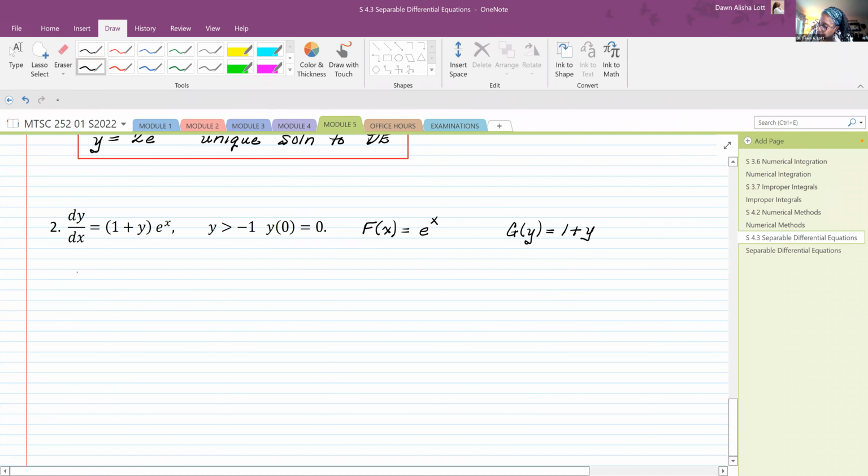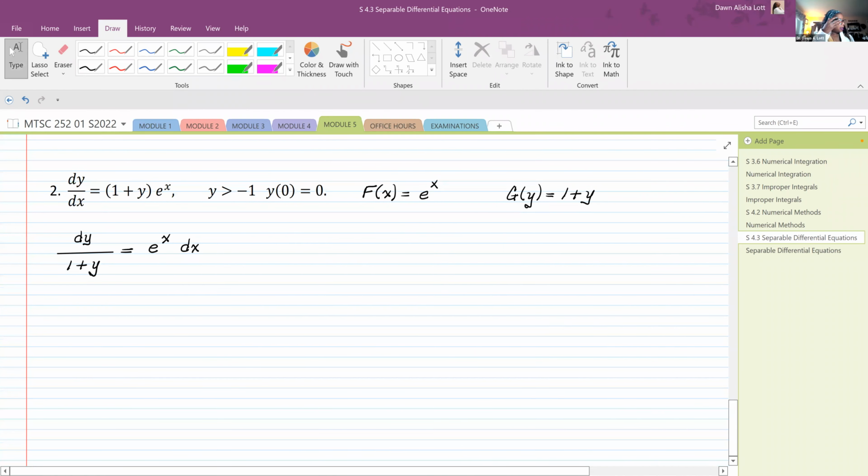So I'm going to take dy, and I'm going to divide that by 1 plus y. And I'm going to take e to the x and multiply that by dx. Okay.